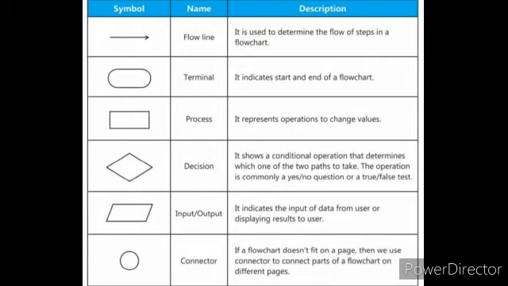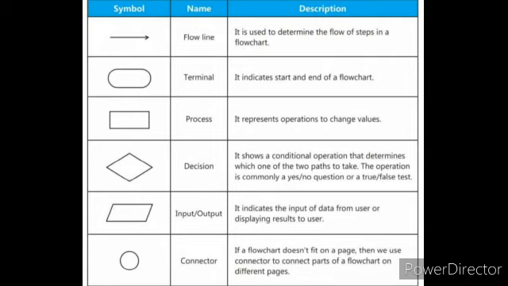The third symbol is a rectangle and its name is process. It represents operations to change values.